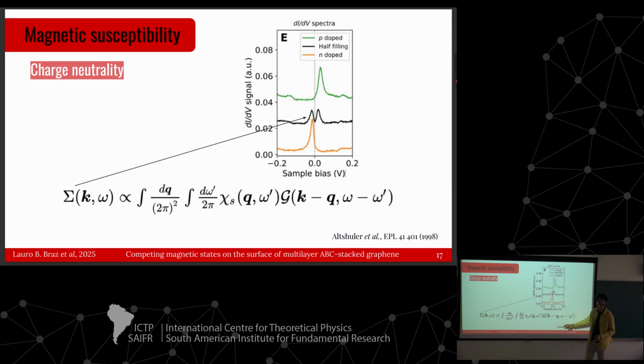It is actually given by the complex plane integral of the susceptibility and also the normal state Green's functions. So every pole of the susceptibility will give a certain frequency where the self-energy is non-zero, and then there is this kind of splitting. So we now investigate the poles of the susceptibility.